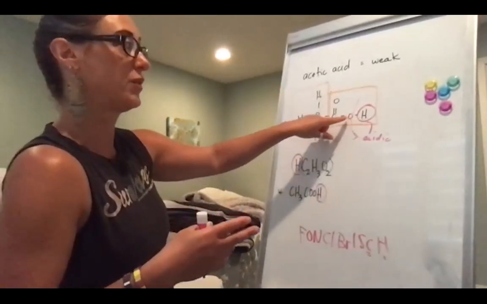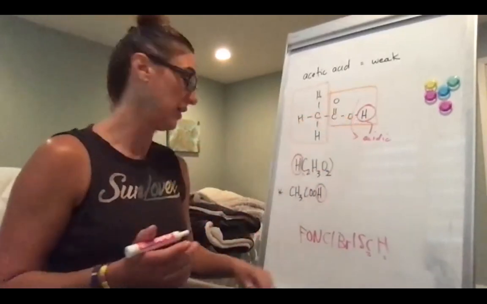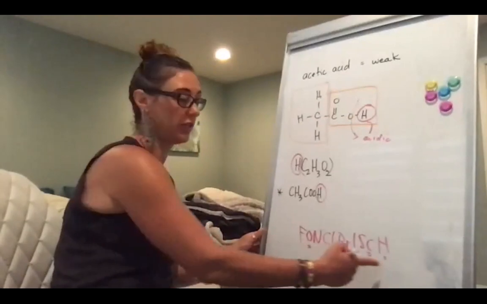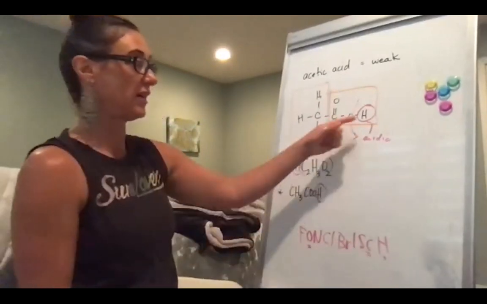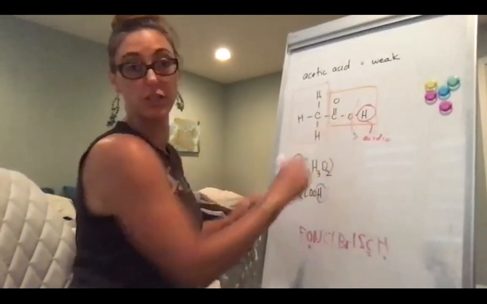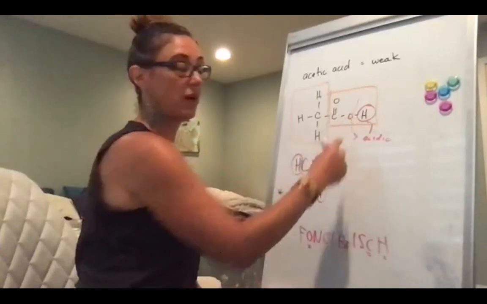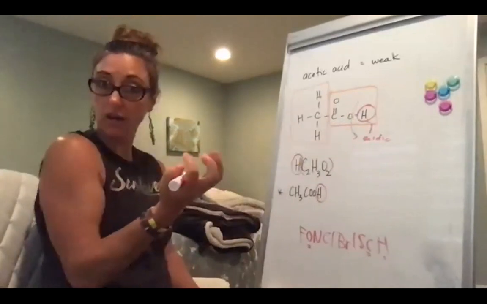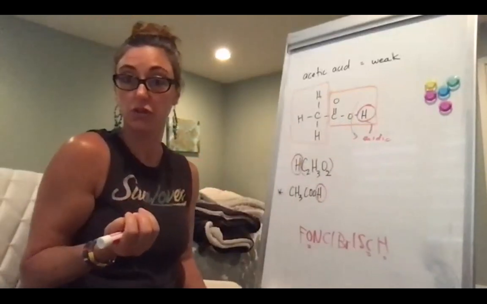This bond, however, between oxygen and hydrogen is a polar bond, right? The oxygen is much, much more electronegative than this hydrogen is. In this single covalent bond between two nonmetals, the oxygen is pulling on those electrons more strongly, right?